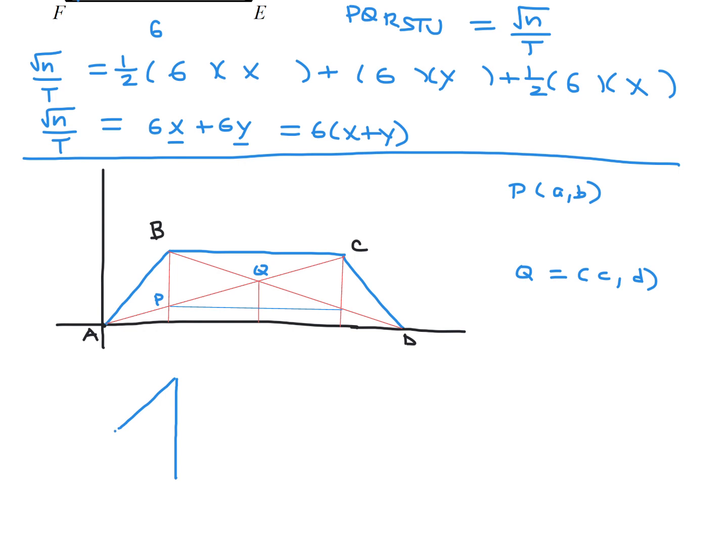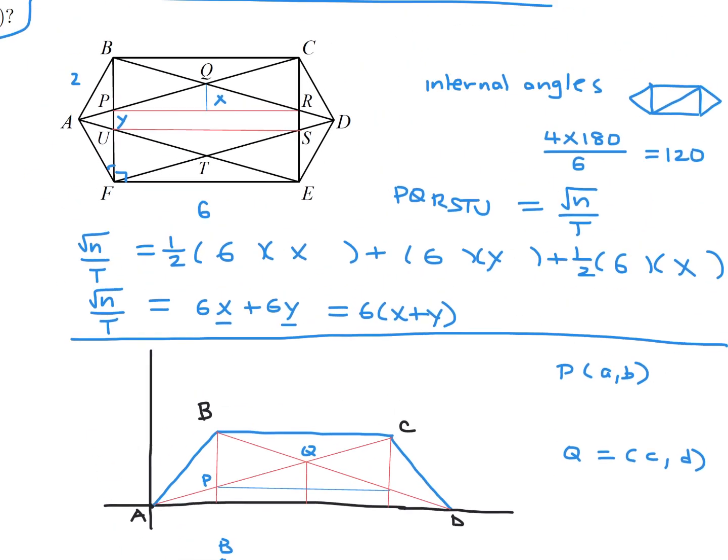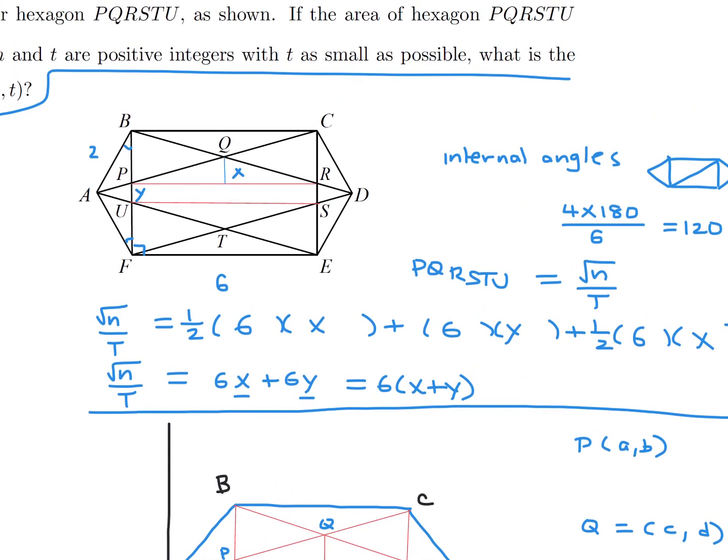So this part of the shape, where this is B, this is A, and this is F. Now that's a very important thing that I need to explain, because this is going to help us. We were told that these are 2, right? But I don't know if you remember, up top we figured out that these angles are 30 degrees, right?